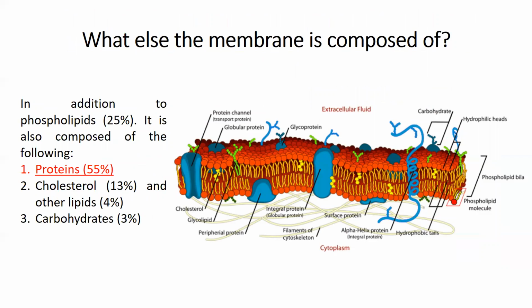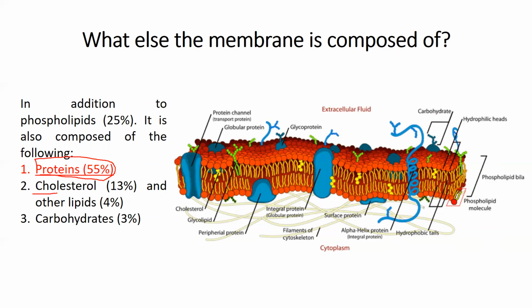So now we know that the major component of the plasma membrane is the lipid, the phospholipids. The other major component of the plasma membrane is the protein. You can see them here, they are everywhere and they serve multiple functions, as we will see in a second.